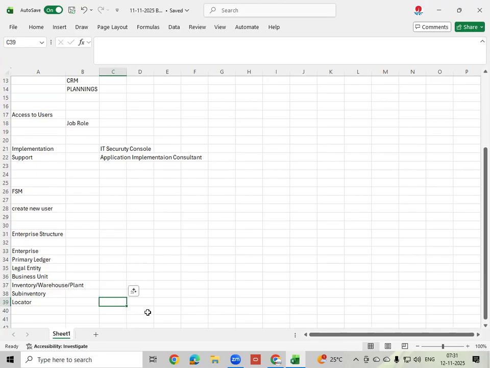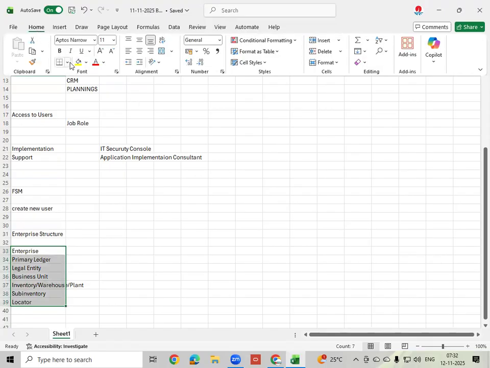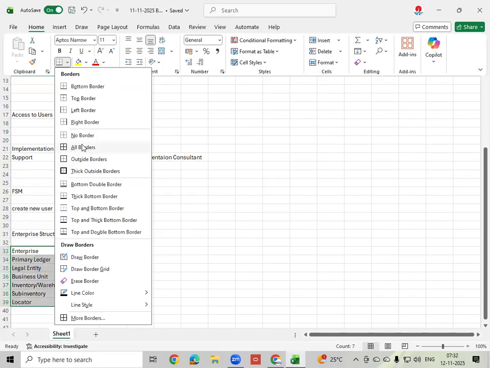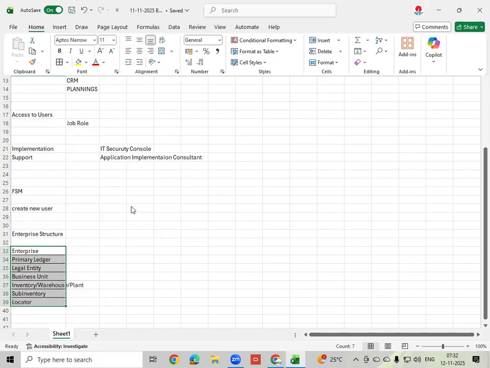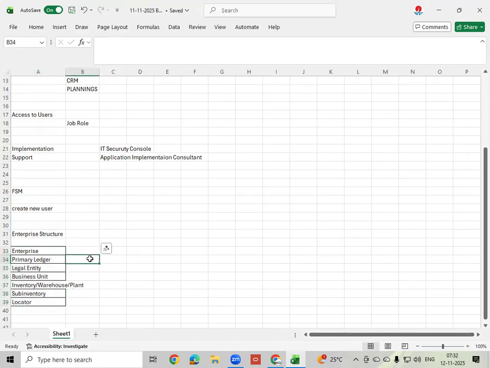So first we need to define the structure in the application. So who will define the structure? Generally in an implementation project, we have regular meetings, everyday meetings, sometimes complete day meetings. All the team members, the implementation team and management team, will be involved in these discussions. Then they will decide who is responsible for creating each level.